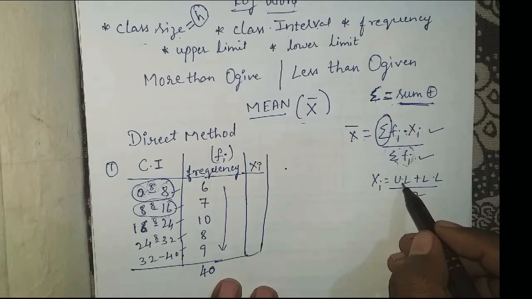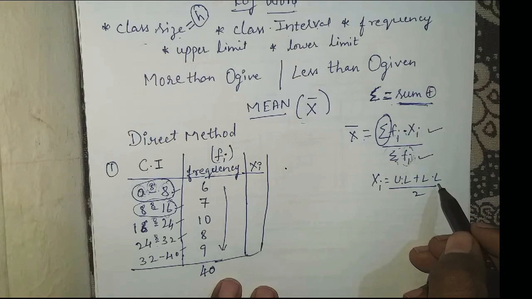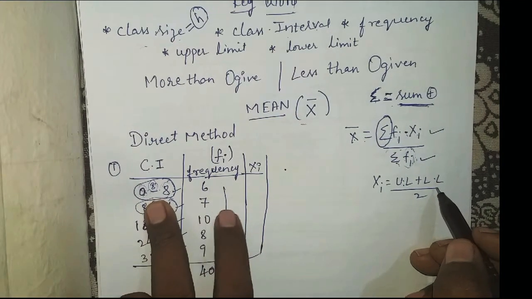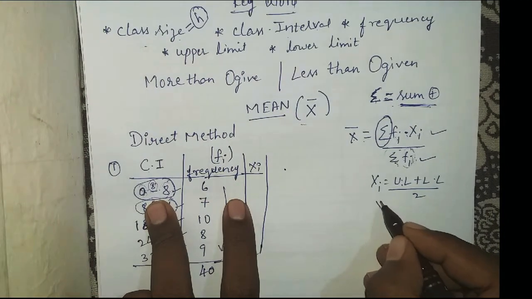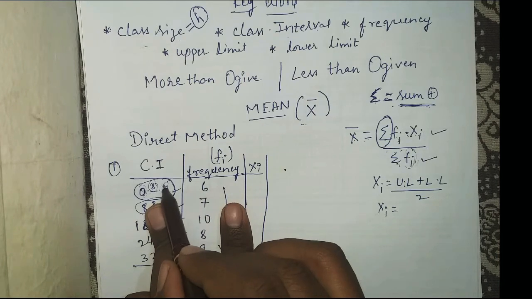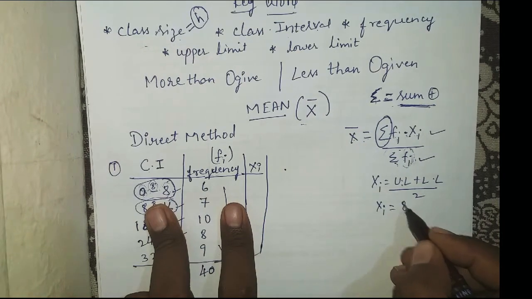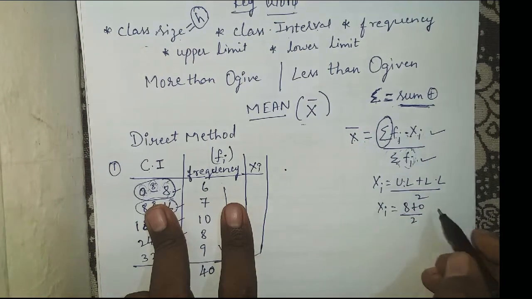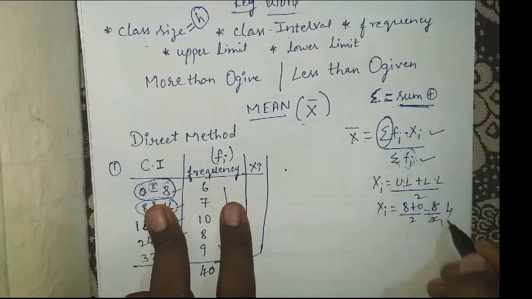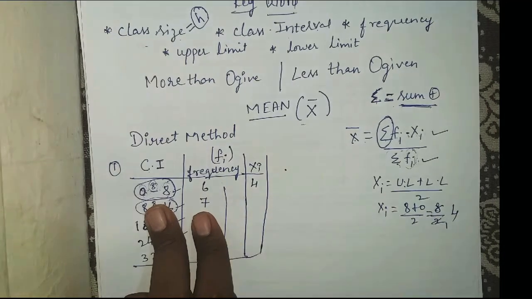So you know what the upper limit and lower limit are now. For the first interval we'll calculate xi. What is the upper limit? 8. So 8 plus 0 by 2, which is 8 by 2. So the answer is 4.